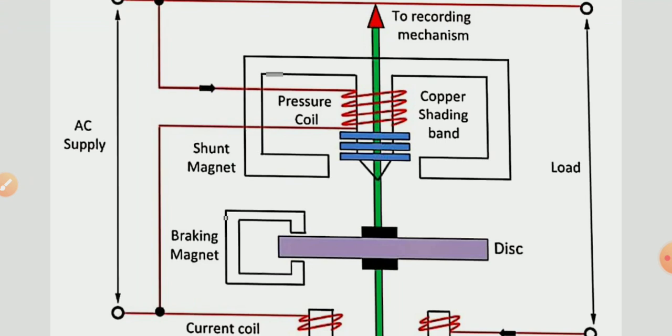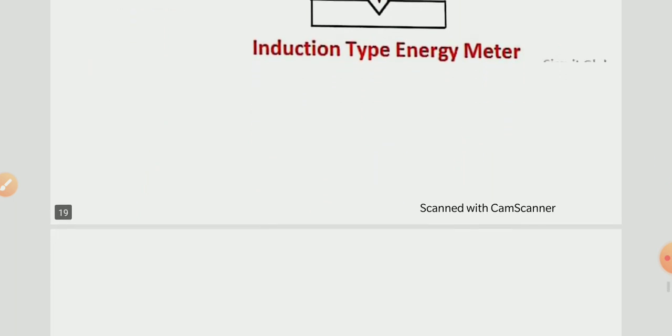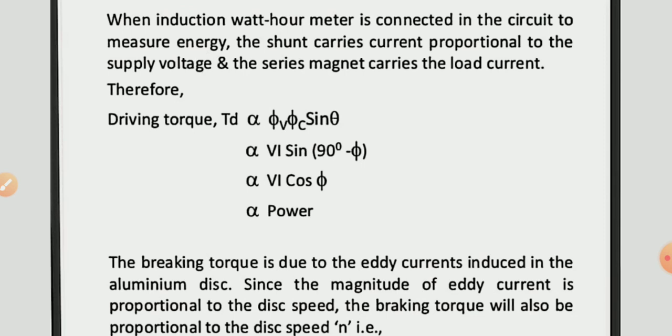When the disc starts rotating, the pointer also starts rotating, and the pointer gives the reading. So the momentum of the disc is proportional to the power.